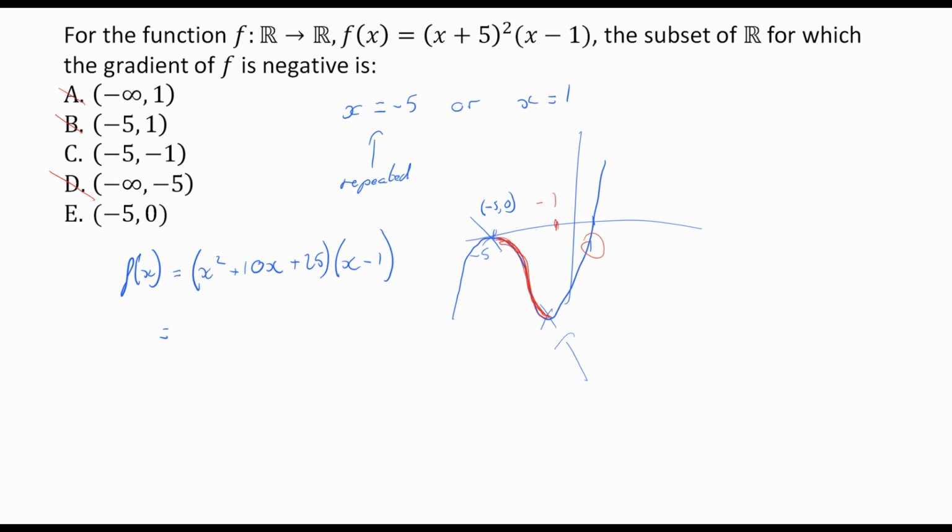And once we've done that, we can just continue expanding. And just simplify it off, and once you've done that, you can differentiate it, and then from there you won't have any problem figuring out where the x-coordinate of that turning point is, because that turning point is where the gradient stops being negative.